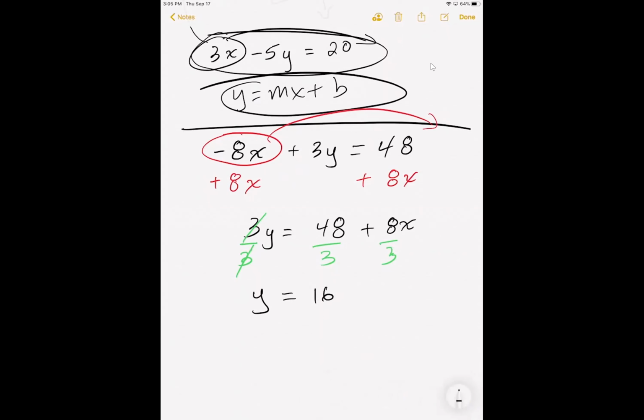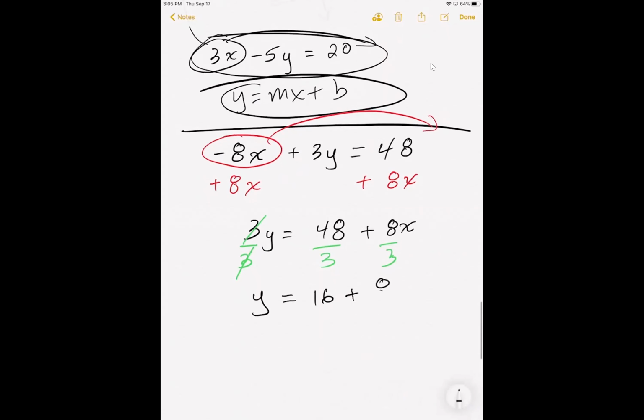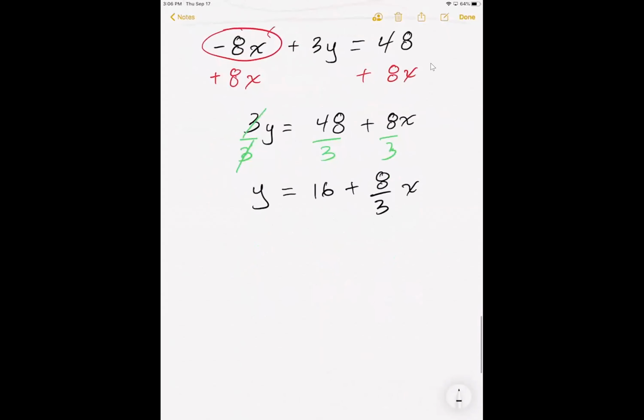And 3 going into 8 is just 8 over 3. And again, if you want to, you can put it in this form, which is 8 over 3x plus 16. All I did was move the 16 to the back.